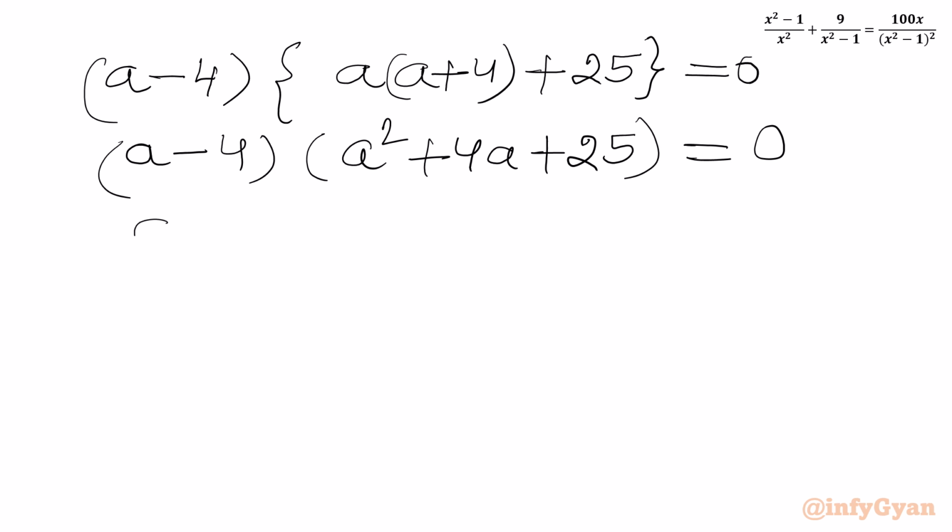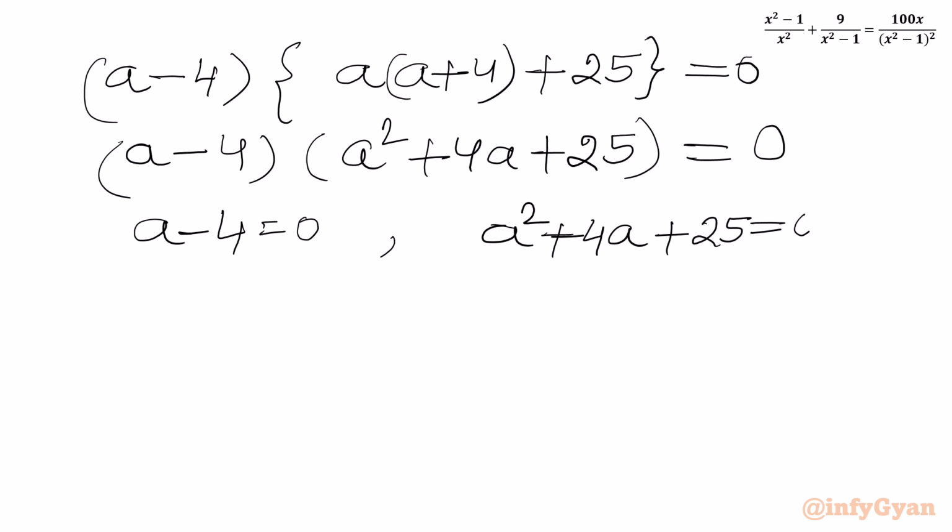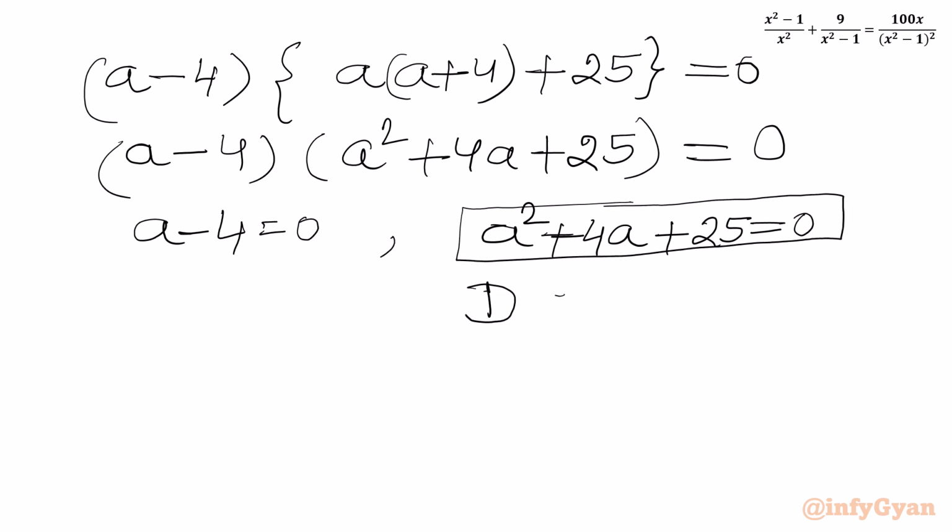Now from here I can conclude either a − 4 will be 0 or a² + 4a + 25 equal to 0. So from this quadratic equation, we can check only the discriminant. The discriminant will be equal to b² − 4ac as per formula. So b is the coefficient of a, 4.